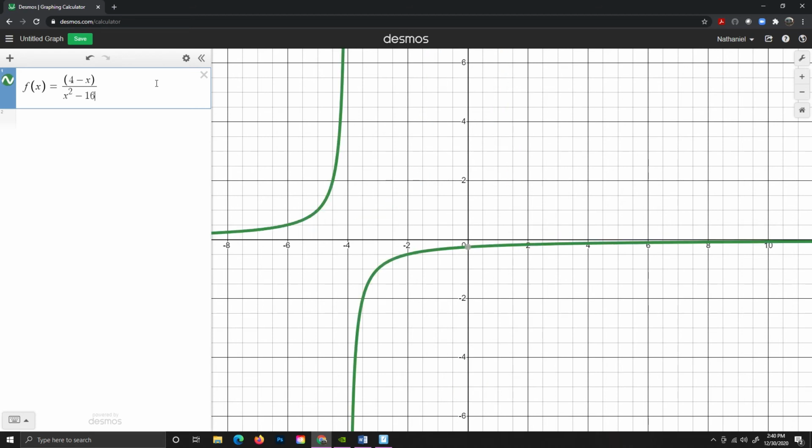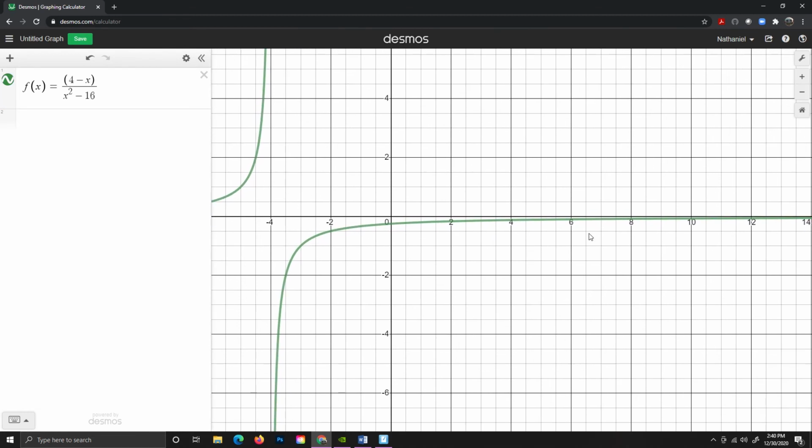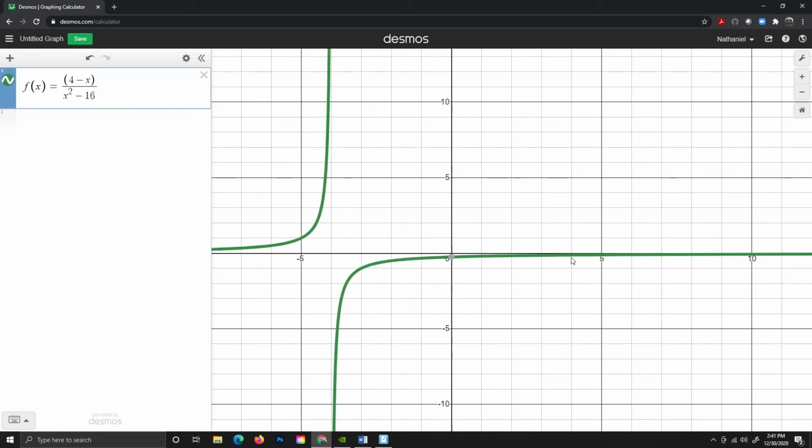And so again, they are asking us to come in from the right-hand side. So we're coming into 4 from the right-hand side, and we get this value right here, and that looks pretty close to negative 1/8. So we feel fairly confident with that solution.